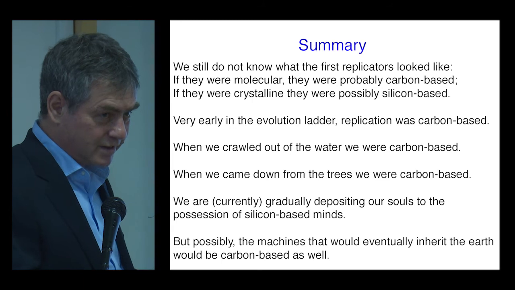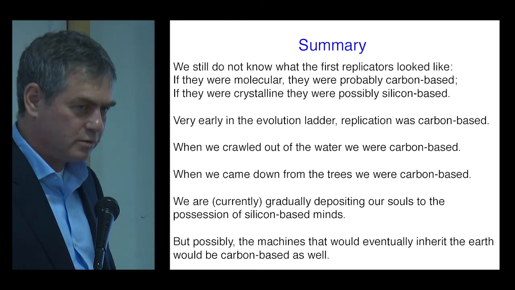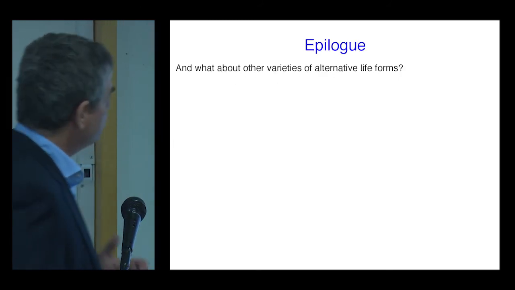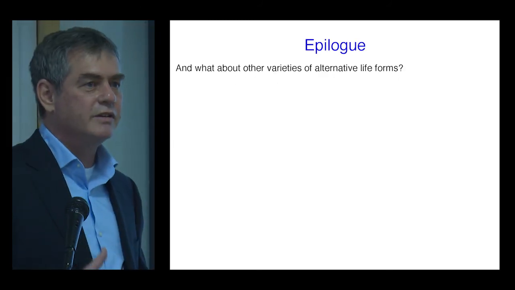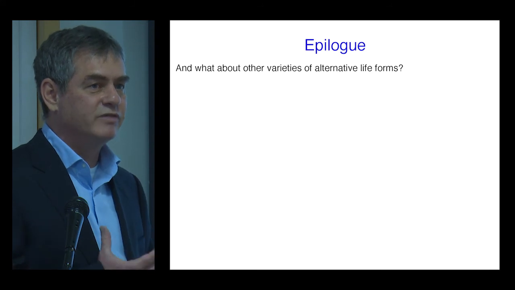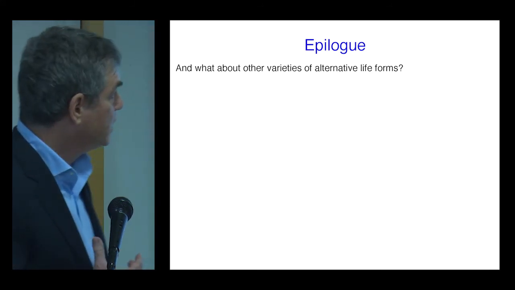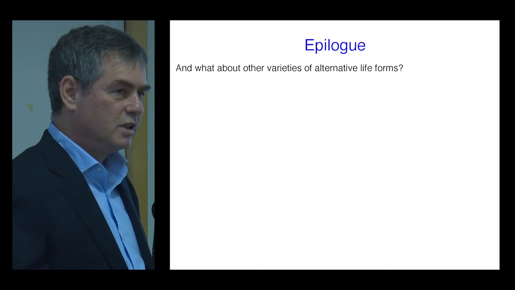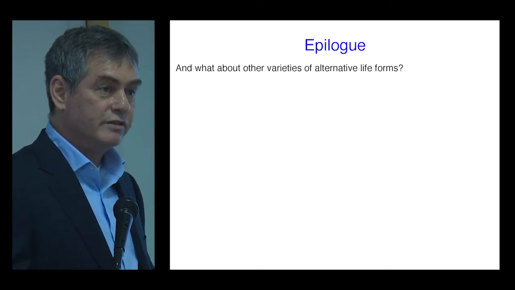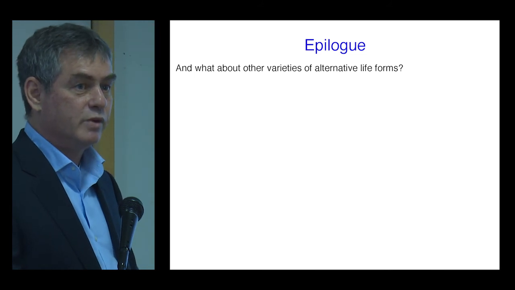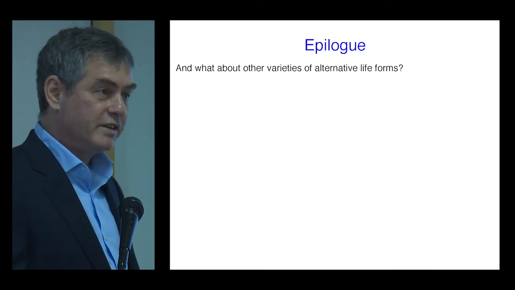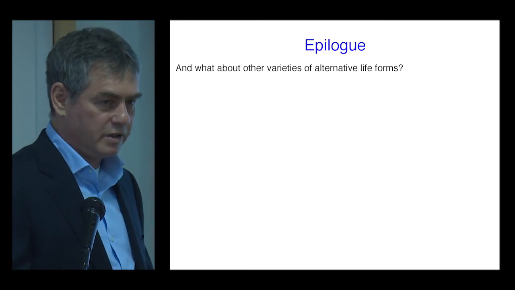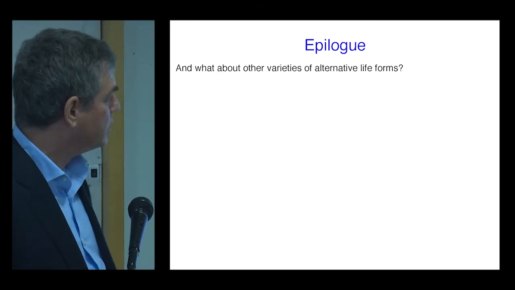And so this is the summary of my talk, but I would also like to tell you about things which are closer to me as a chemist. What about other types of alternative life forms? I only talked about carbon versus silicon, but of course you can talk about systems that rely on different liquids, for instance ammonia or methane or hydrogen fluoride, and the chemistry involved would be quite different.